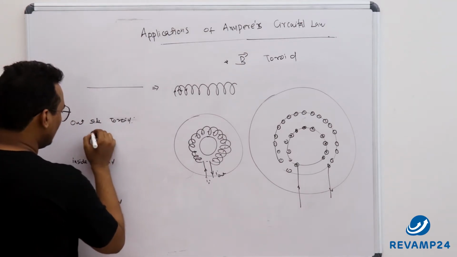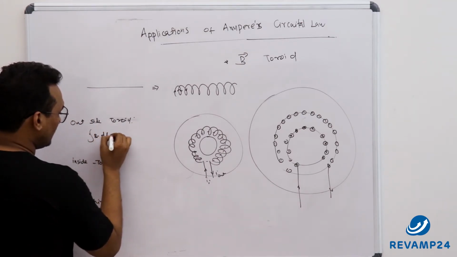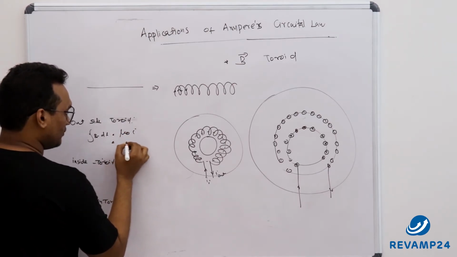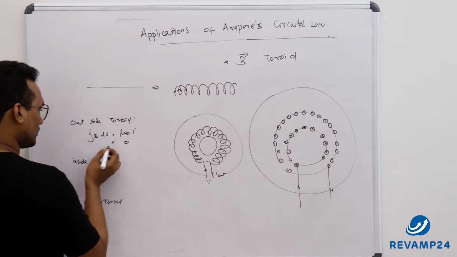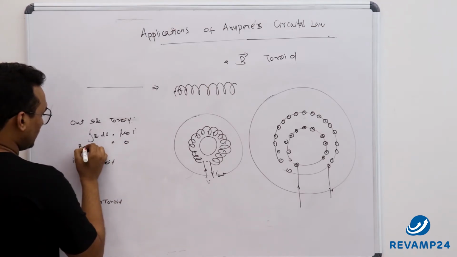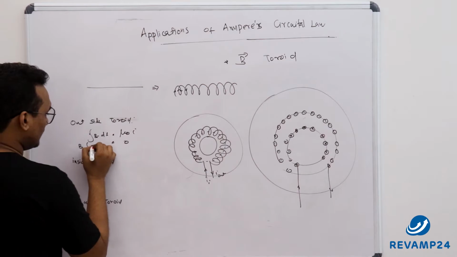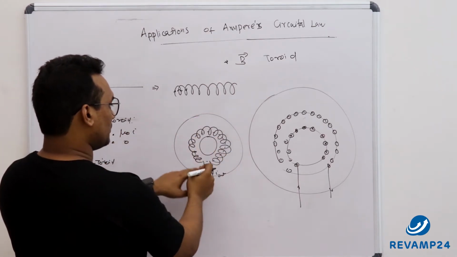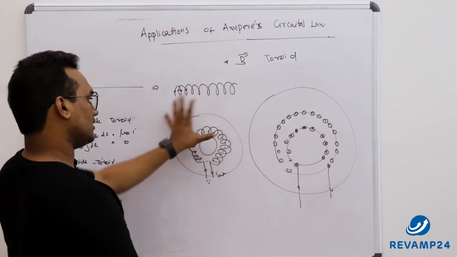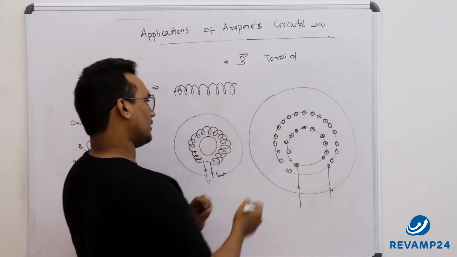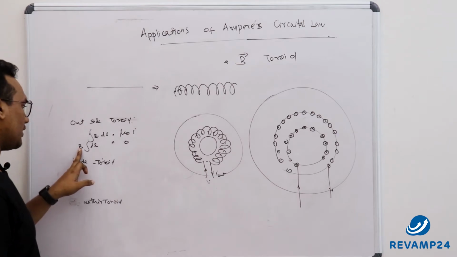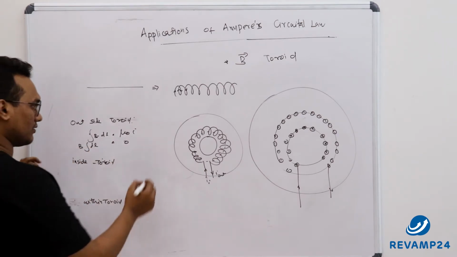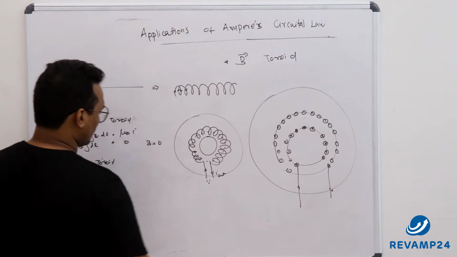So outside, the integral of B dot dl is equal to mu 0 into I, but the net I becomes 0, so this value is 0, which means B times the integral of dl is 0. The integral of dl cannot be 0, as it is the total length, the perimeter. A number multiplied by a non-zero value being 0 means that number is 0, which means B is equal to 0.